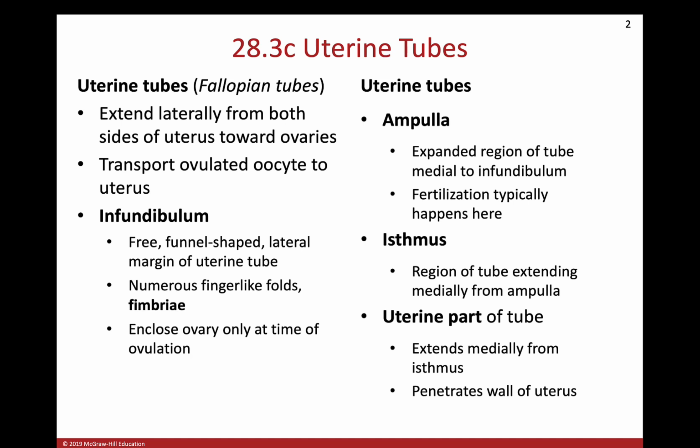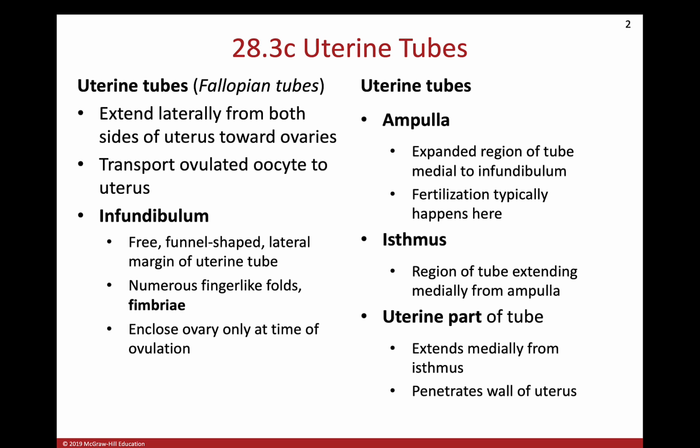Now, uterine tubes, formerly known as the fallopian tubes, and either name is acceptable. They extend laterally from both sides of the uterus towards the ovaries, and their role is to transport an ovulated oocyte to the uterus. The infundibulum is a funnel-shaped lateral margin of the uterine tube.